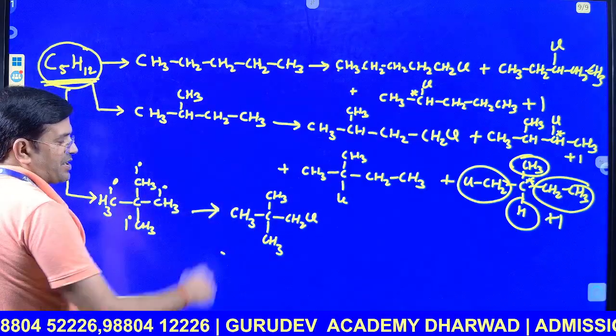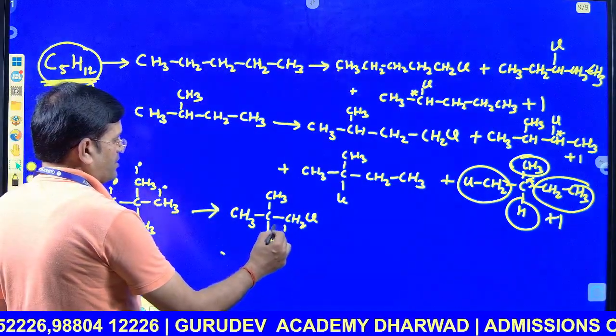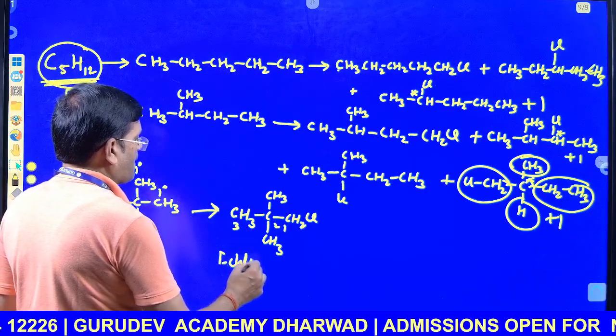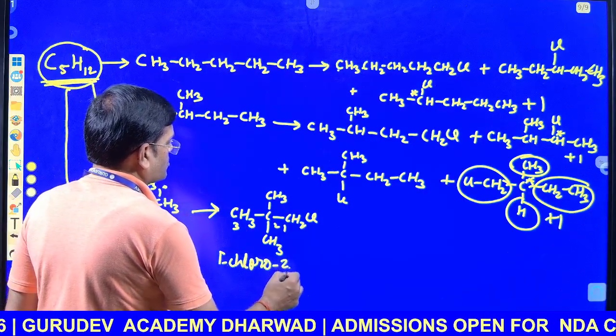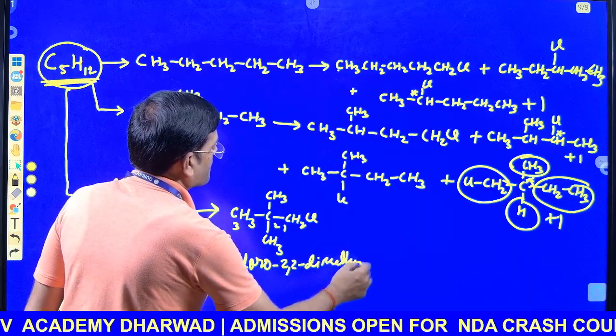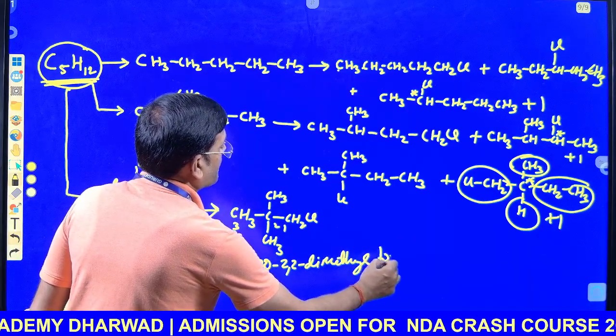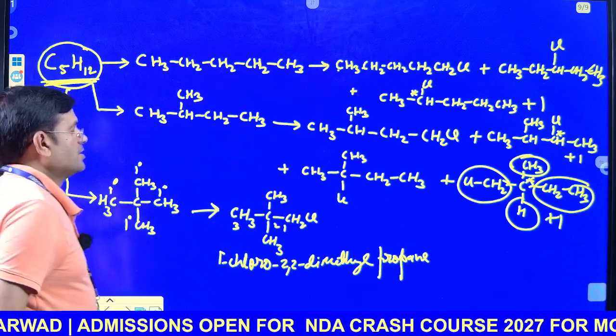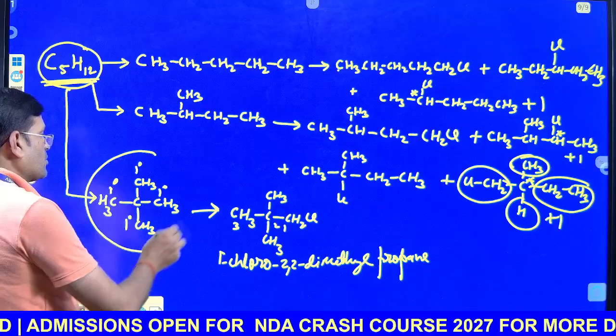If you write the IUPAC name of this one, 1, 2, 3. So what you will write? 1-chloro-2,2-dimethyl propane. So this will be the IUPAC name of this product. So this gives you only one monochloro product.